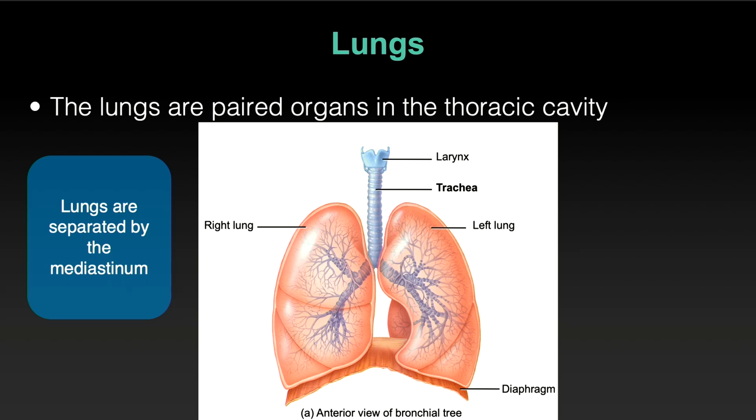So we've seen this already. The middle portion of these structures we saw, the mediastinum and the heart, and the rest of the thoracic cavity is filled by the lungs. So the right lung and the left lung.